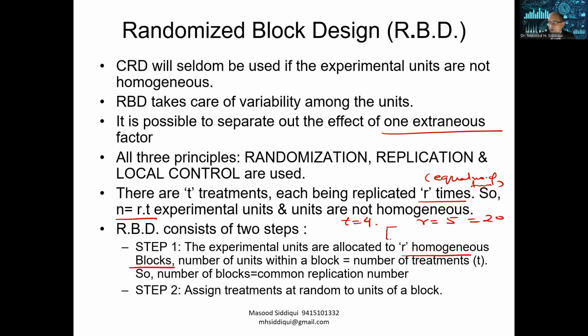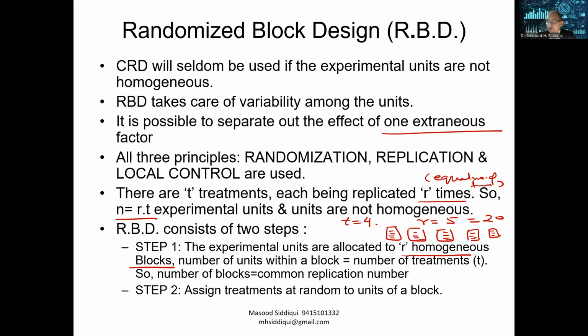Number of blocks is equal to the common replication number, so we have 5 blocks, and in each of the 5 blocks we have 4 units: 1 2 3 4, 1 2 3 4, 1 2 3 4, 1 2 3 4, 1 2 3 4.